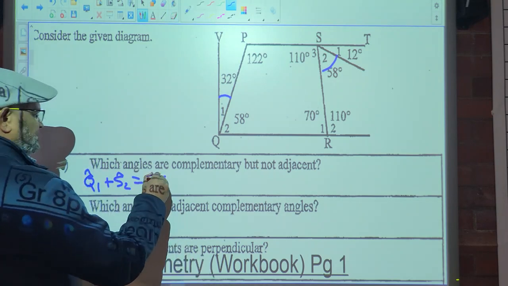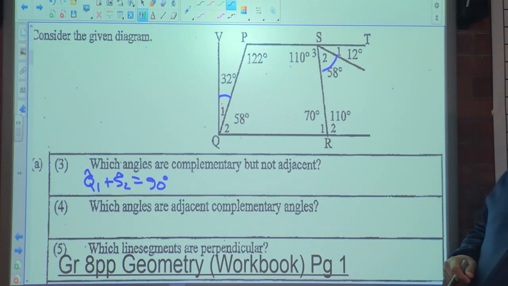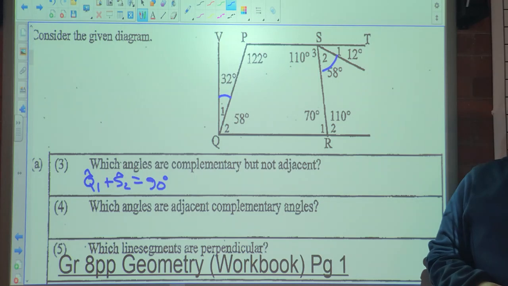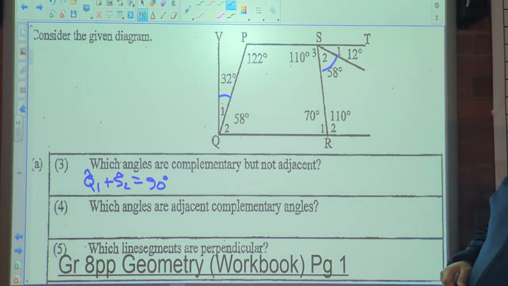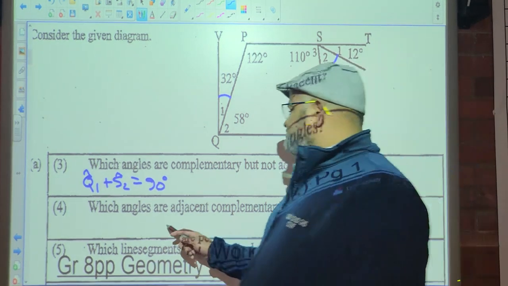You see any other? I don't see any other angles that add up to 90 degrees that are not adjacent. Which angles are adjacent?